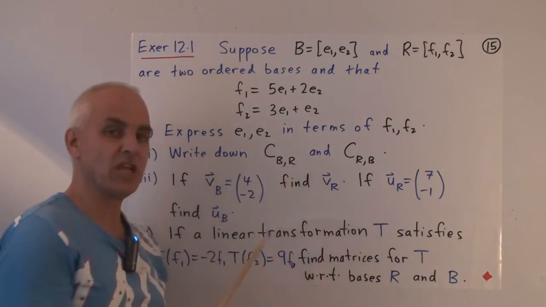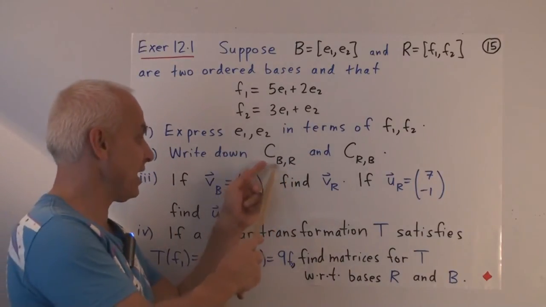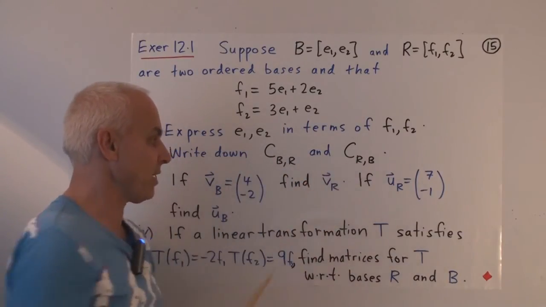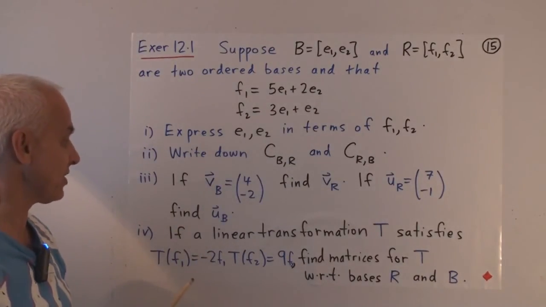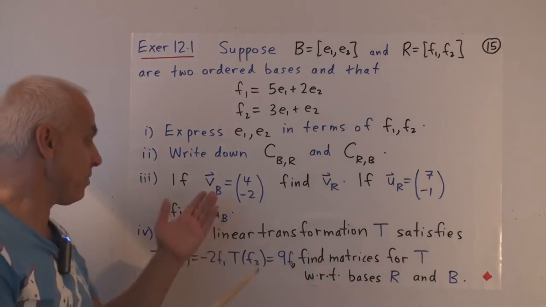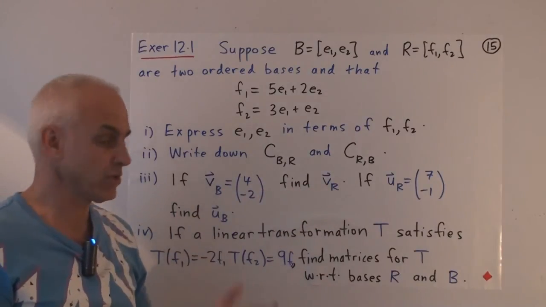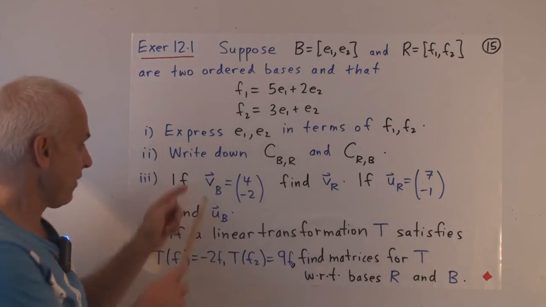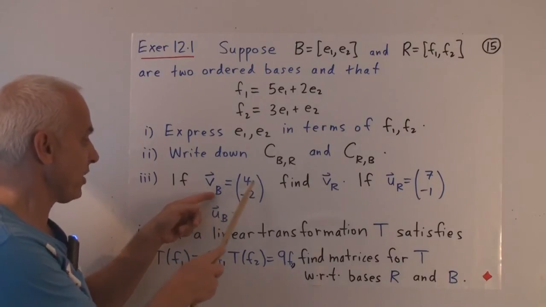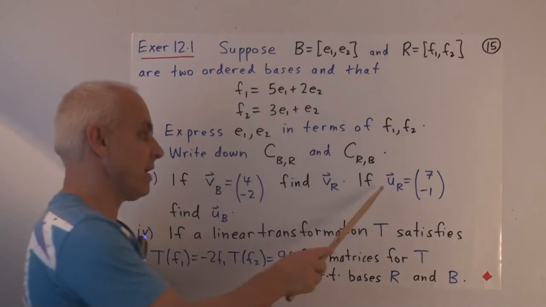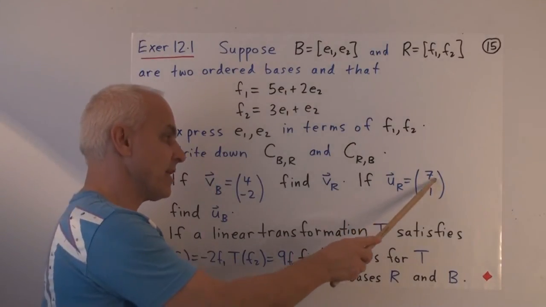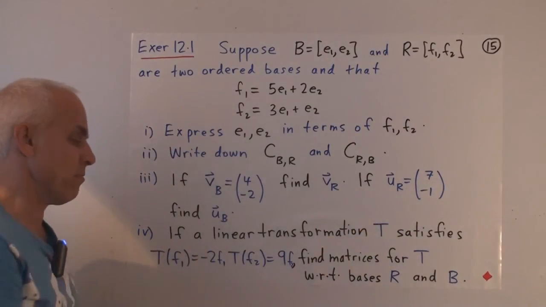Secondly, write down the change of basis matrices C_BR and C_RB. Then use those change of basis matrices to convert from B coordinates to R coordinates or vice versa. So if a vector V has B coordinates (4, minus 2), find its R coordinates. And if another vector U has R coordinates (7, minus 1), find its B coordinates.